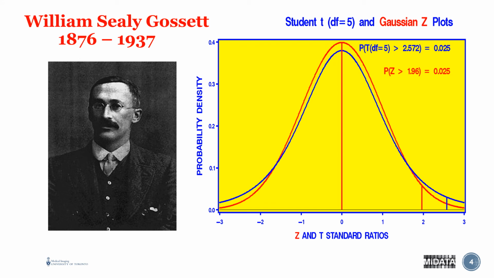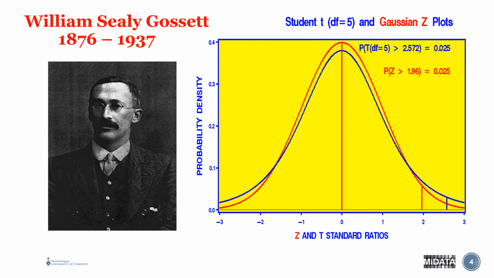So in the late 1800s, early 1900s, a mathematician, William Sealy Gosset, who worked for Guinness Beer, was struggling a little bit with the application of the Gaussian curve, the central limit theorem, and the z-score for his testing. You know, he was responsible for quality control, and he needed to be able to test his product.